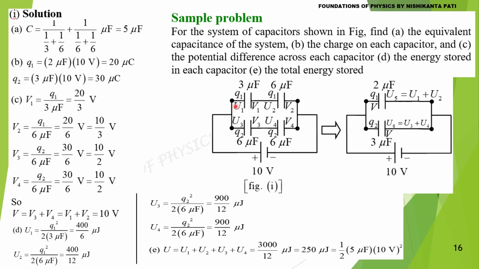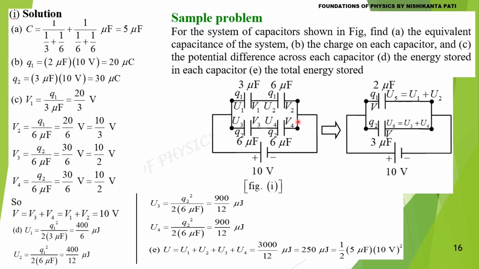The energy stored U1 is Q1 square by 2 into 3 microfarad, U2 is Q1 square by 2 into 6 microfarad, U3 is Q2 square by 2 into 6 microfarad, U4 is Q2 square by 2 into 6 microfarad.